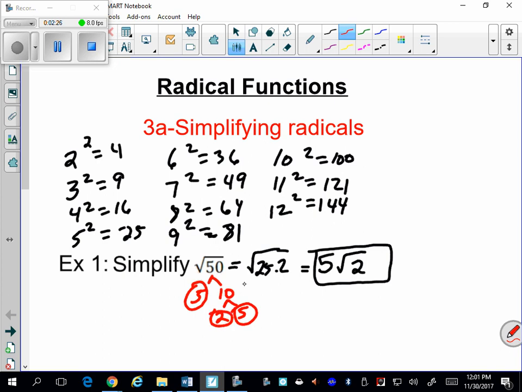Since it is a square root, you're looking for pairs. I have a pair of 5s, they're my prime numbers. Every pair comes out of the radical, and what does not have a pair stays inside. Whatever's on the outside or inside, you would multiply. So you could do it either way.